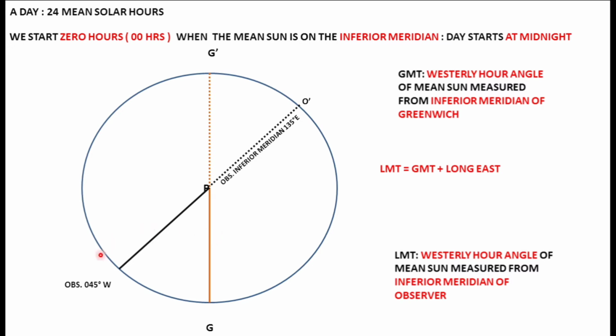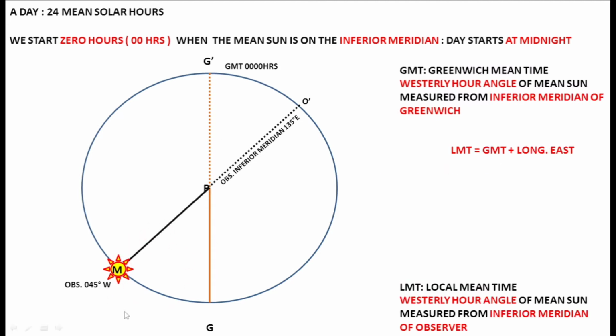Taking our observer on the west side, mean sun on the meridian, this is 180 plus 45, that is 12 plus 3, GMT would be 1500 hours. LMT is measured from inferior meridian to the mean sun, 180 degrees, LMT would be 1200 hours.